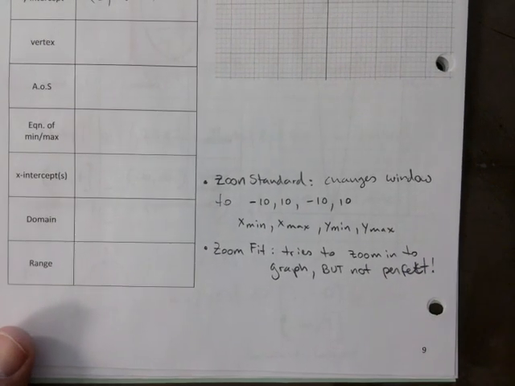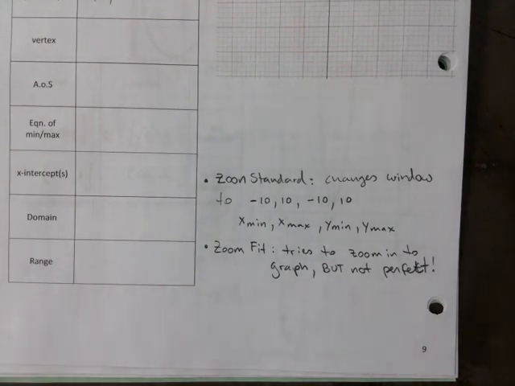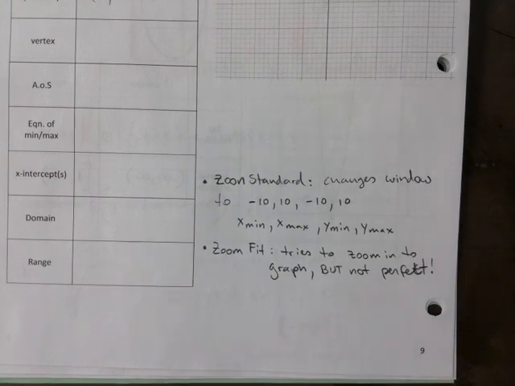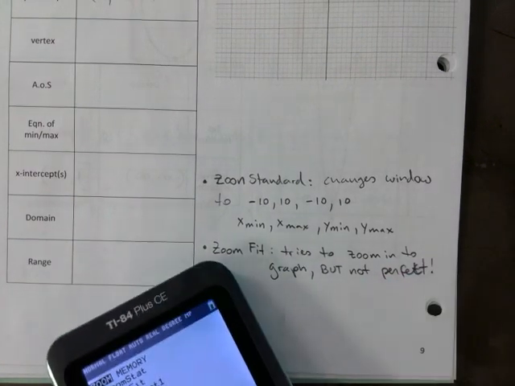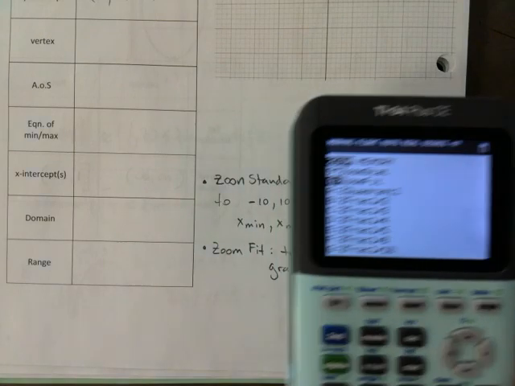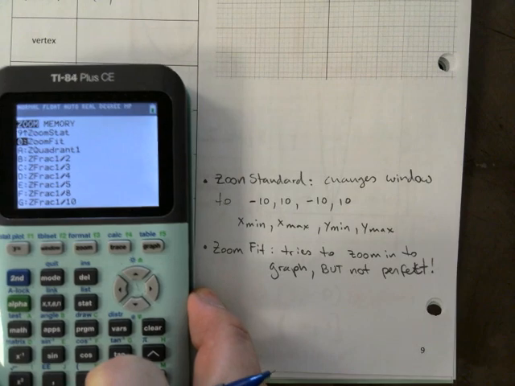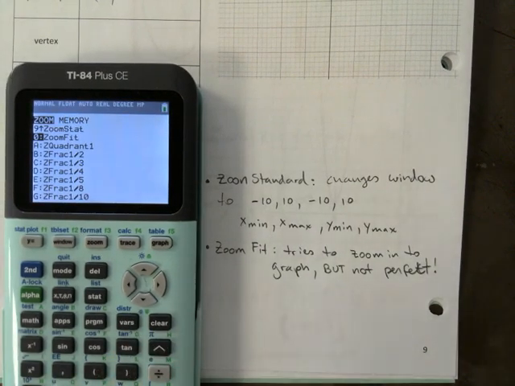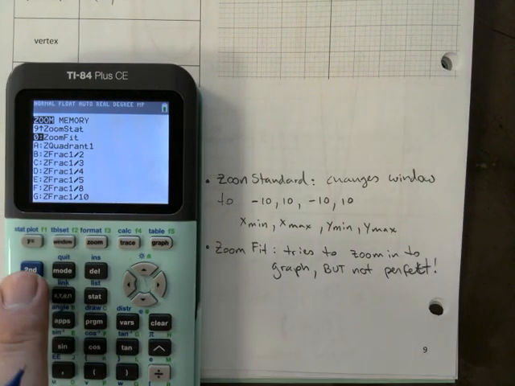It's not a perfect solution, but it does help you out. It tries to zoom into the graph as best as possible, okay? So let's try this again now. I'm going to try zoom fit right now, okay? I'm copying that still. I'm going to put it over here. Before we do zoom fit, hold on.